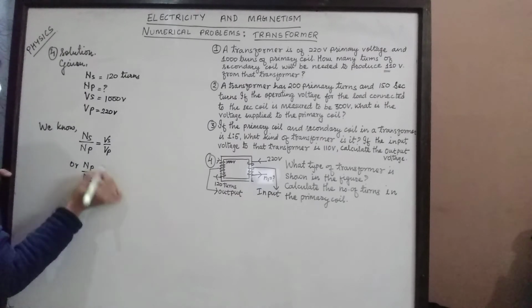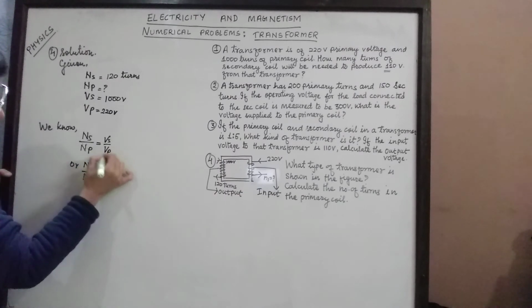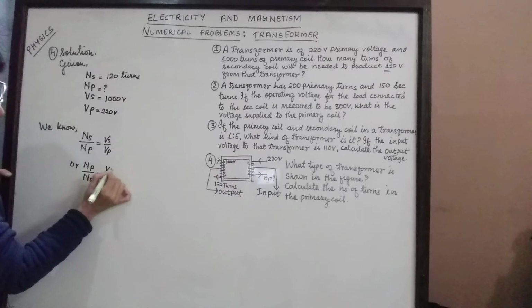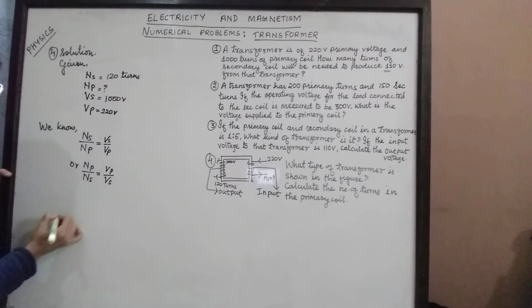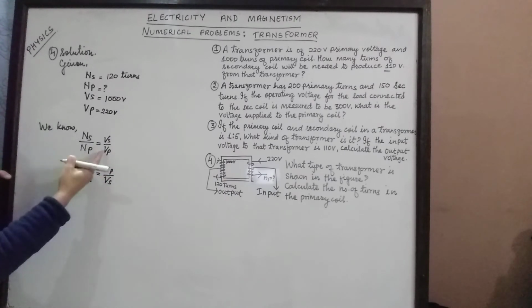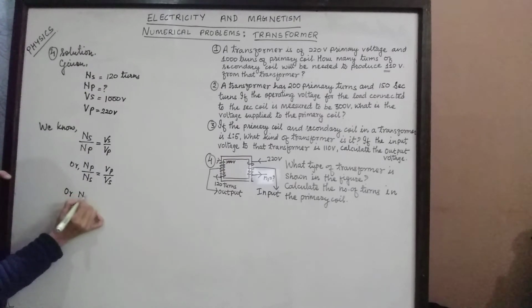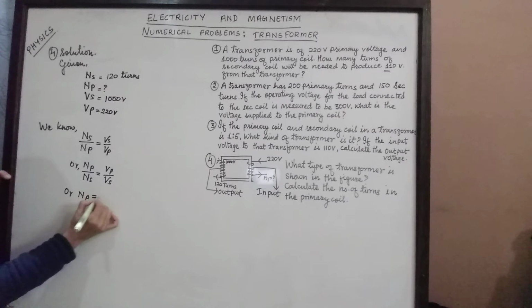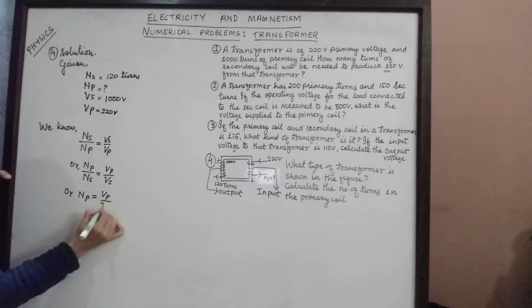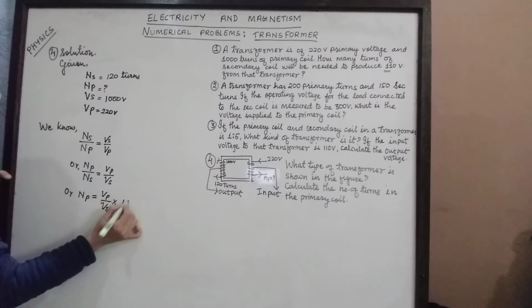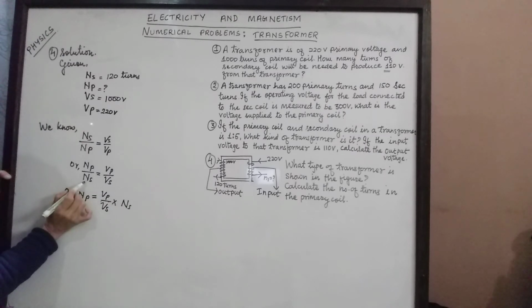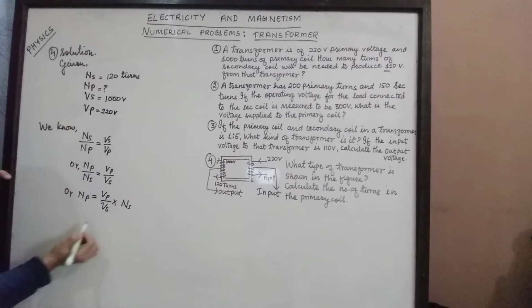If you do upside down this side, then you should do this side also: VP divided by VS. Both of these came on numerator, primary. NP should be made alone this side so that you can calculate the value. NP equals VP by VS into NS. NS goes that side because it is now dividing in this side, it becomes multiplication.